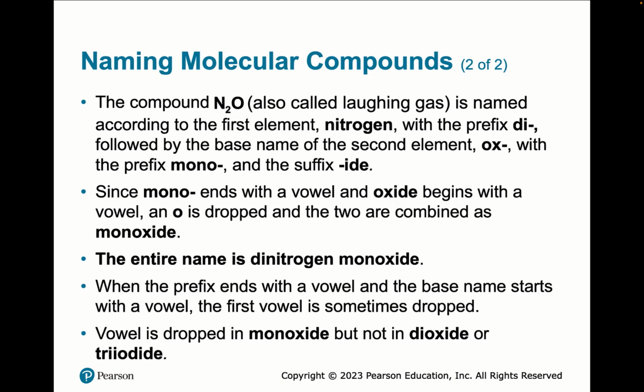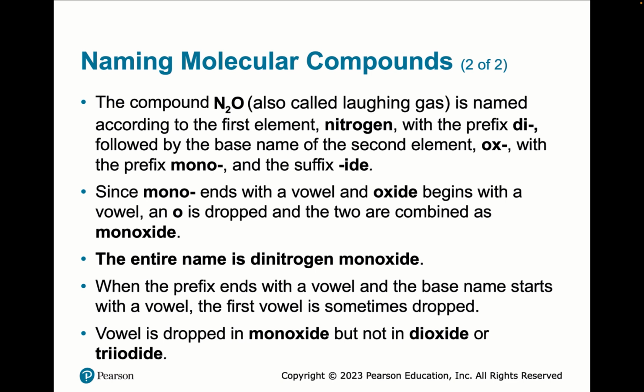So let's look at this compound, N2O, dinitrogen monoxide, also known as laughing gas. When you write this, the same procedure, we start with the first element and we have the prefix. There are 2 of them, so we say dinitrogen, and for oxygen, it's the ox, and then IDE, oxide.